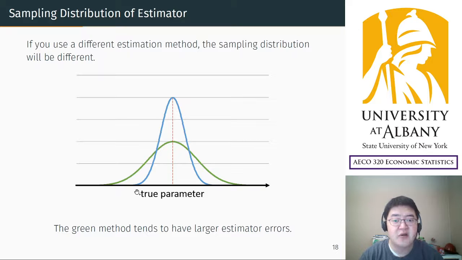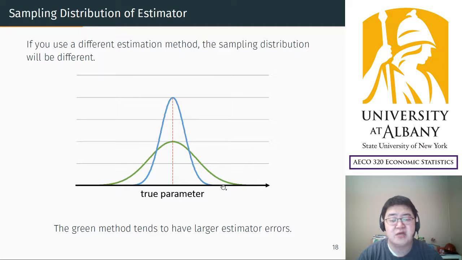However, the green estimator still has some probability in this area, which means the green estimator has a higher probability of being more wrong. The same thing can be said here. The green estimator has thicker tails, so larger errors happen more frequently with the green method. So the green method tends to have larger estimation errors than the blue estimator. So these are two dimensions along which we can compare two estimators.